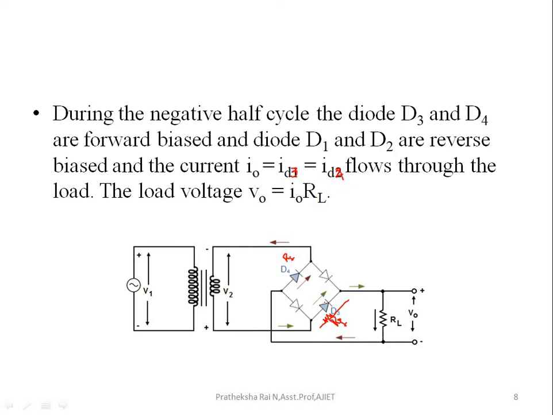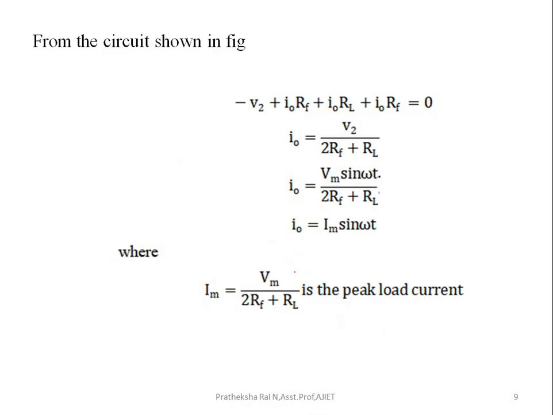So minus V2 plus I0 RF plus I0 RF plus I0 RL equal to 0. When we reduce it, we get I0 equal to V2 divided by 2RF plus RL.